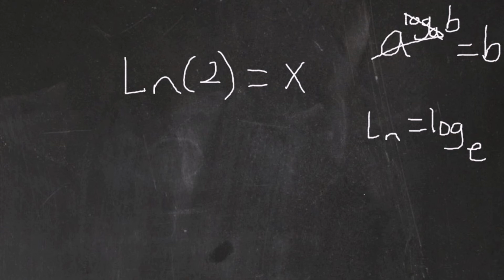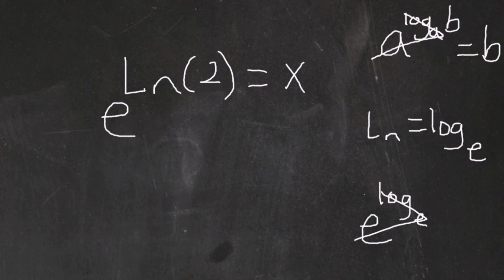So we know that if I have log base e and I raise it to a base of e, that's always going to cancel out. So whenever we see ln and we want to cancel out the ln, we just simply raise it to the e. Now what we do to one side, we have to do to the other side.